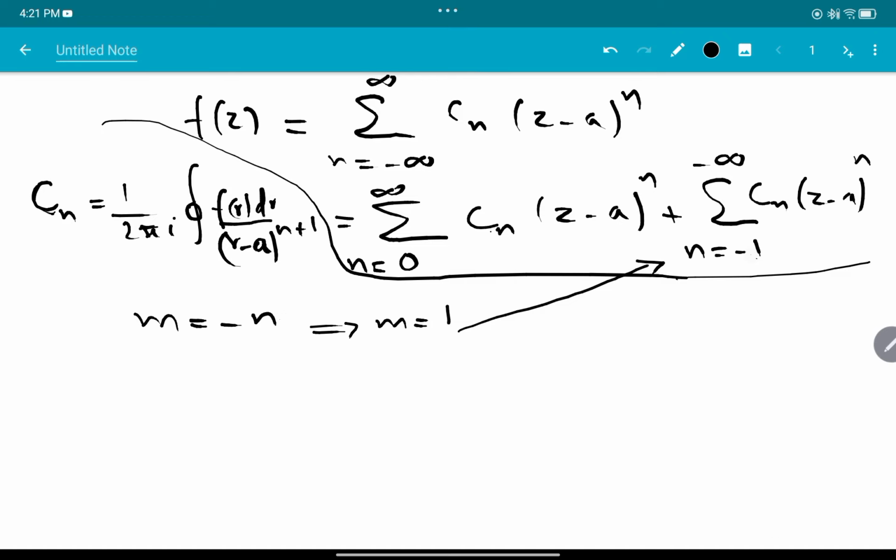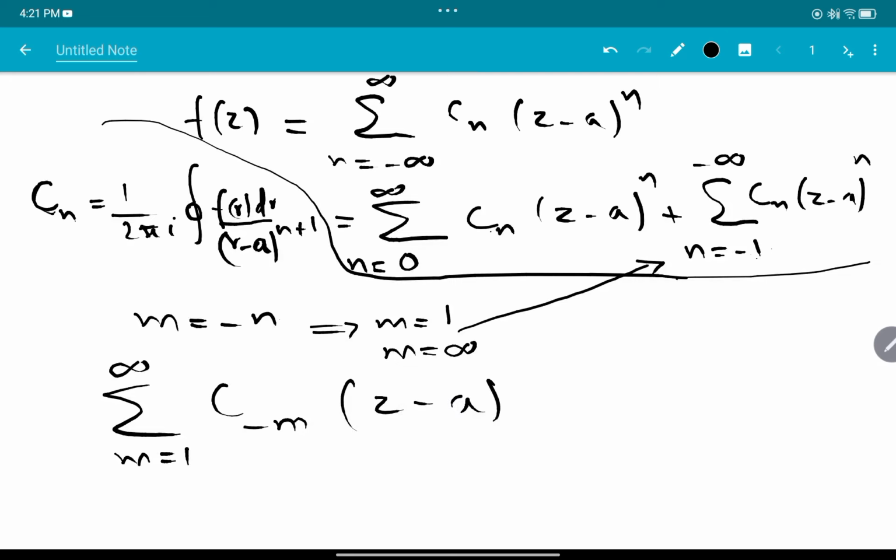Similarly, if n is equal to -infinity, m will be +infinity. And if we change this index, we get m equal to 1 here, and m equal to infinity here. And next we get c_(-m), because n is equal to minus m, and then (z minus a) raised to minus m.